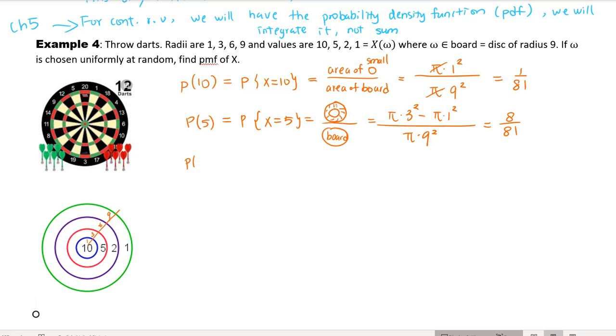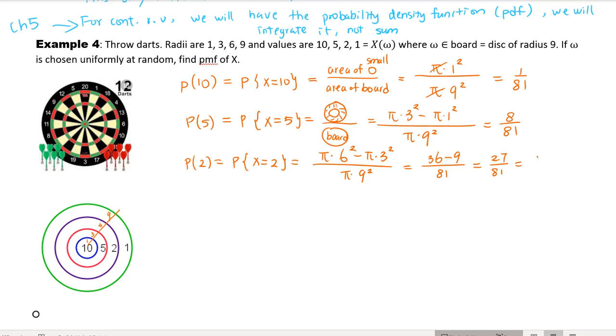Alright, and then how about P of 2? Well, that's P of X equals 2. So you can also pause the video and then continue to write down P of 2 and P of 1. Have you finished? So this is pi times 6 squared minus pi times 3 squared over pi times 9 squared, which is this annulus, right? And then 6 squared is 36, 3 squared is 9, over 81, we get 27 over 81.